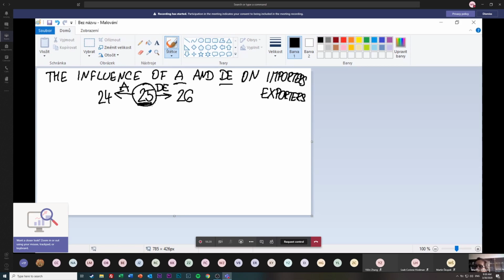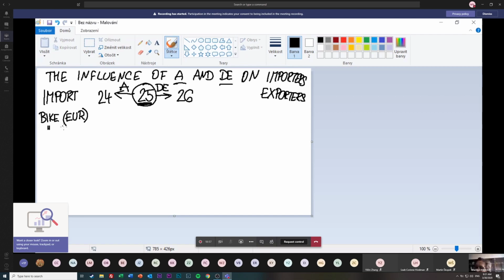So let's go to import at first. I am an importer and I import into the country some bike from Germany, for example. So I buy the bike in Germany. I must pay in euros. And I sell this bike in the Czech market for Czech crowns.